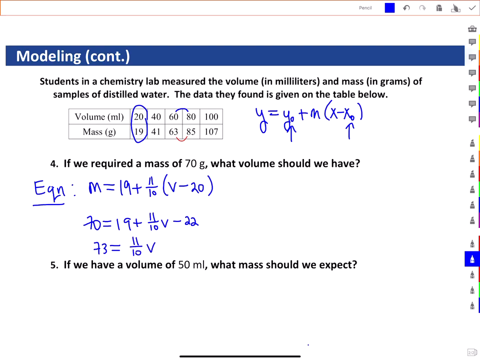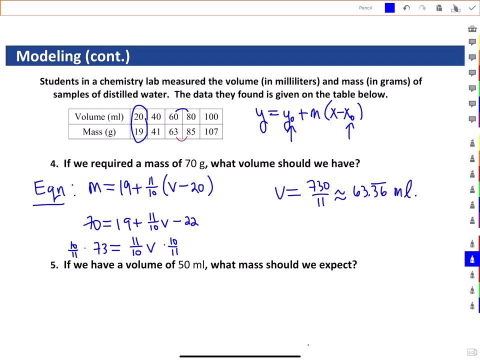To get rid of that fraction in front, and this is why I used a fraction instead of a decimal, because it's a little bit easier to work with when we're doing stuff by hand, all that stuff's going to cancel because you multiply by the reciprocal. So v is going to be 730 over 11, which I cranked out ahead of time to be 63.36 repeating milliliters. Does that fit our gut check? Is 63.36 somewhere between 60 and 80? It absolutely is.